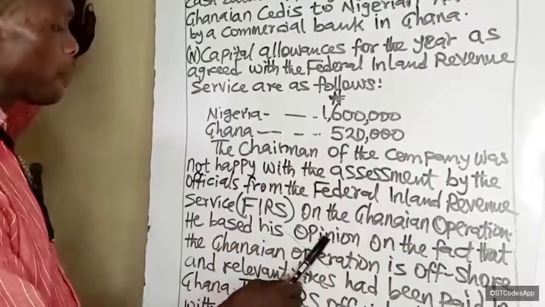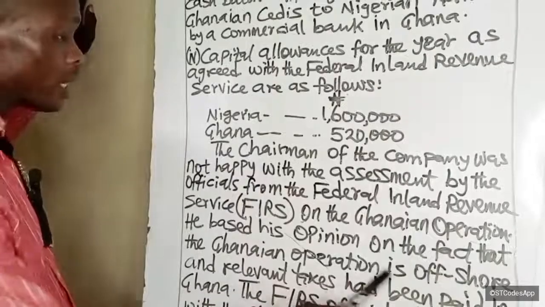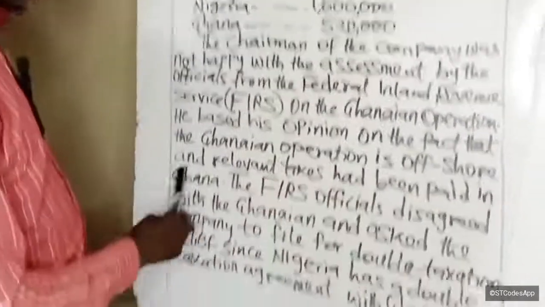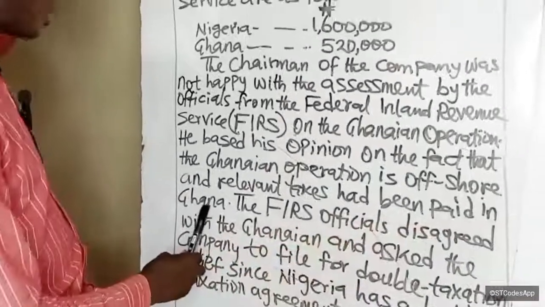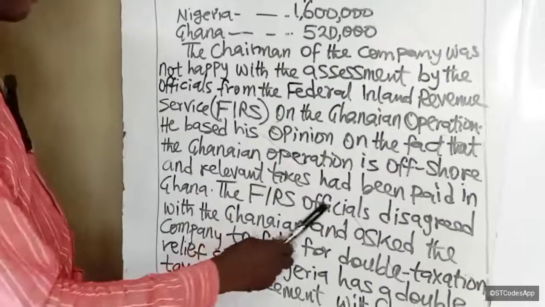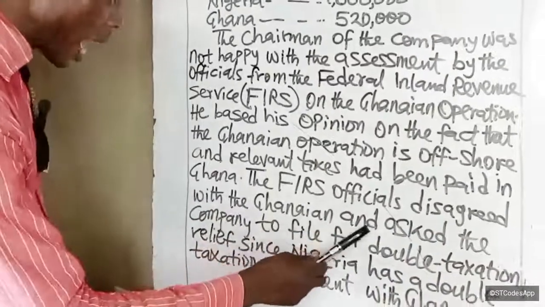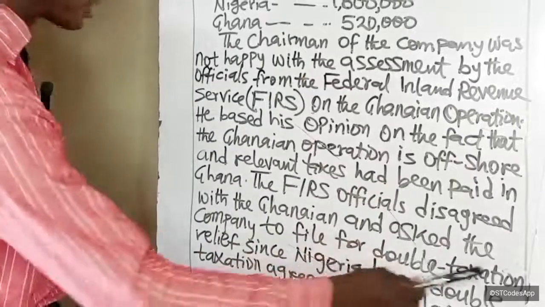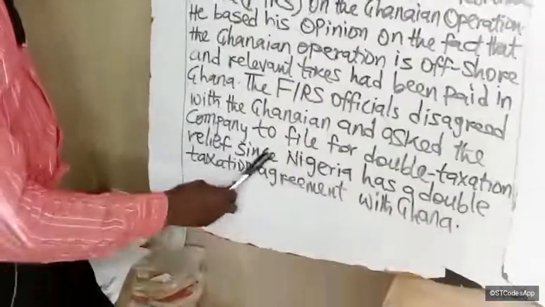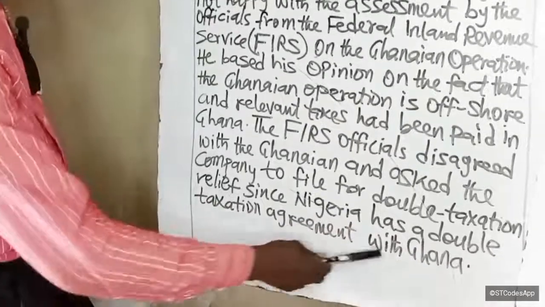He based his opinion on the fact that the Ghanaian operation is offshore and relevant taxes had been paid in Ghana. The Federal Inland Revenue Service officials disagreed and asked the company to file for double taxation relief since Nigeria has a double taxation agreement with Ghana.